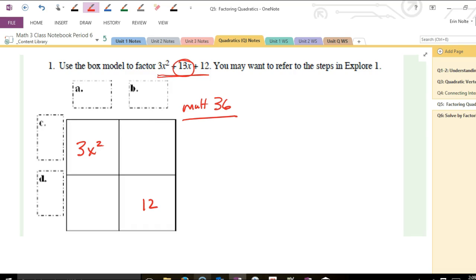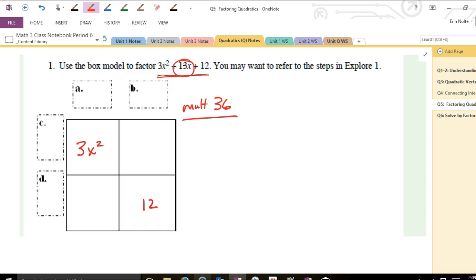What are multiples of 36? 6 and 6 would make 12. What else? 2 and 18 could not make 13. 9 and 4, there you go. 9 and 4 can make 13. 9 plus 4 is 13.